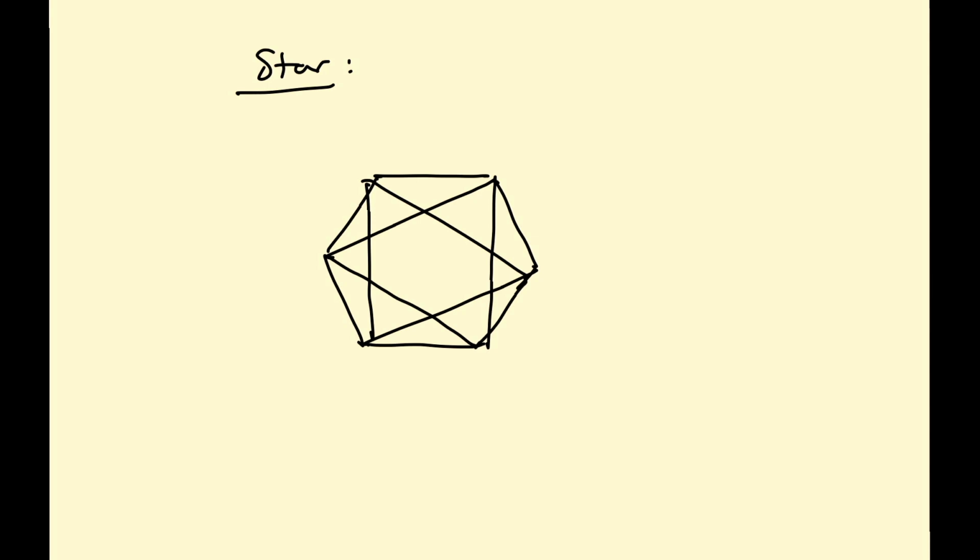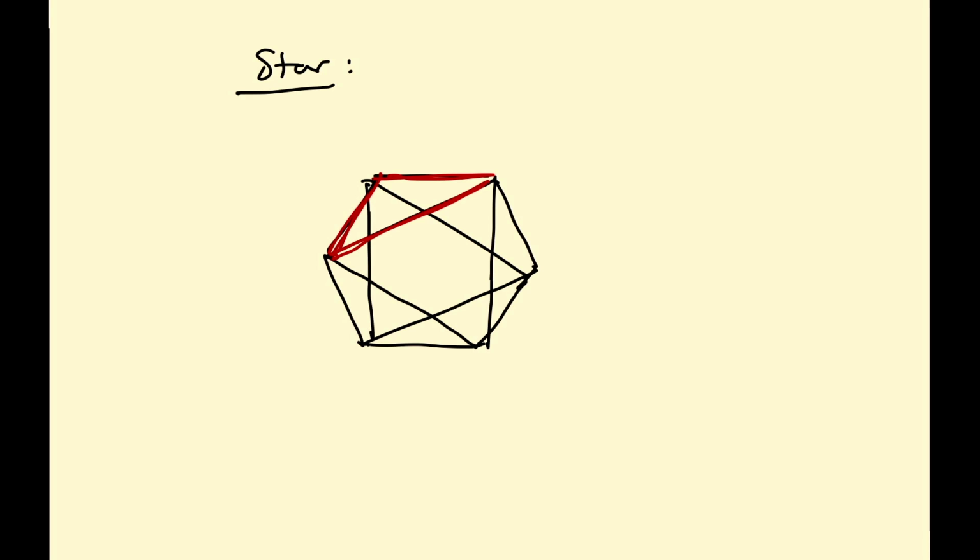Right? And notice what each leg of the star is. What does it connect? Two vertices, but it skips over one of the vertices. Does that make sense? Okay, so I have a triangle there.